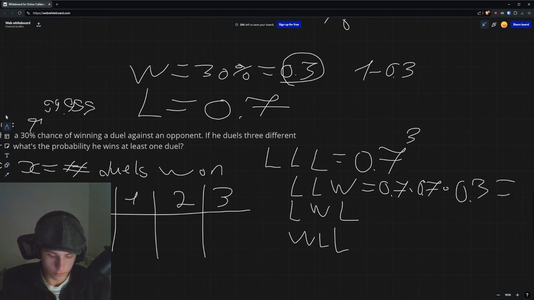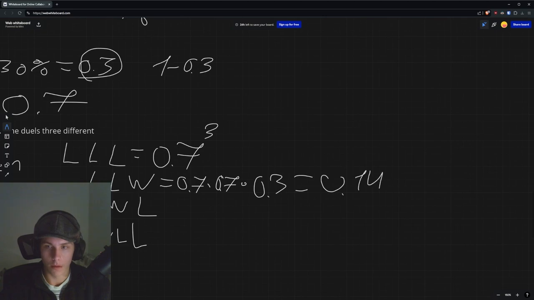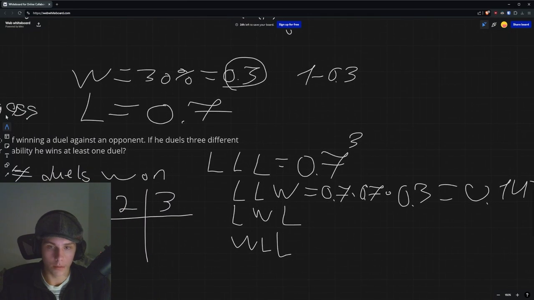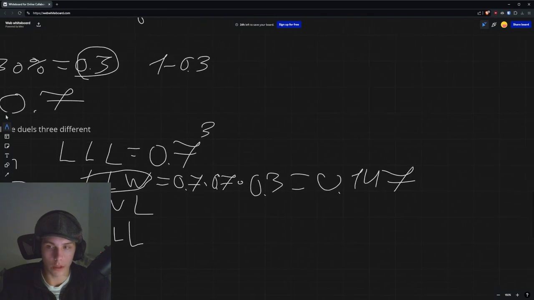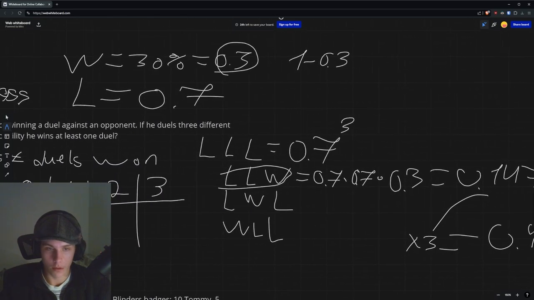That gives us 0.147. But because it's not just 1 of those but 3, we times this number by 3, which gives us 0.441. So we'll write this down here.